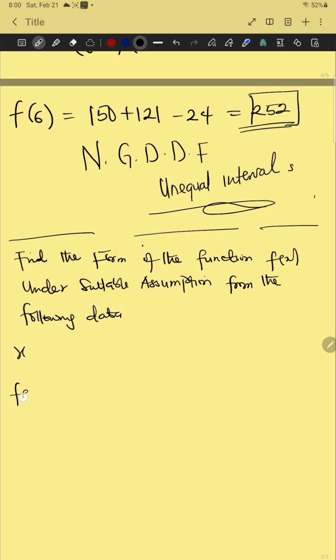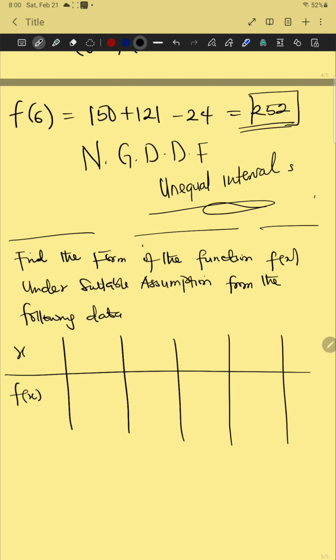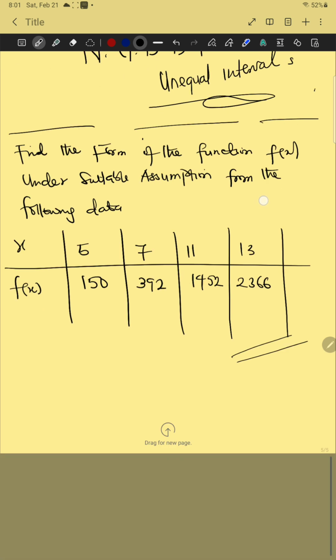So we have x, you have f of x: you have 5, you have 150; you have 7, you have 392; you have 11, you have 1452; you have 13, you have 2366. All right, find the form of the function f of x under the suitable assumption. I'm daring you to solve this.